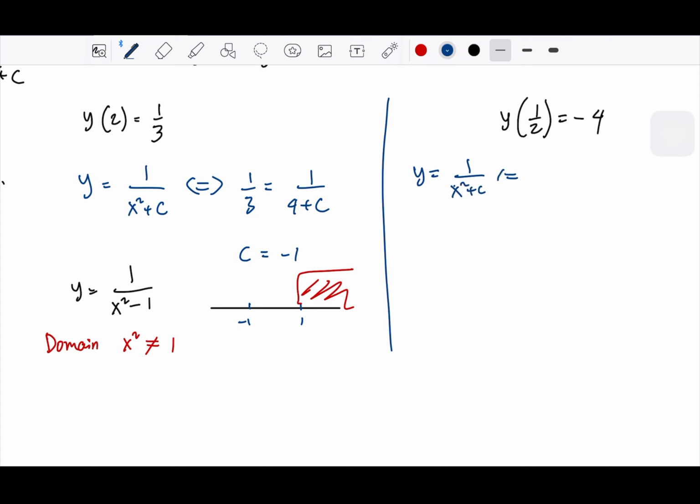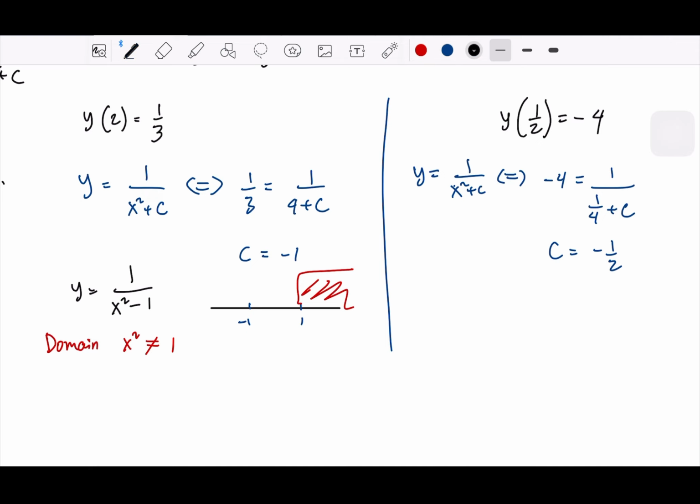This is just checking the point, and if you want to look at the graph, you can check it to familiarize yourself with the equation. So we have -4 equals 1 over 4 plus c. We solve this and get c is -2, 1 over 2.